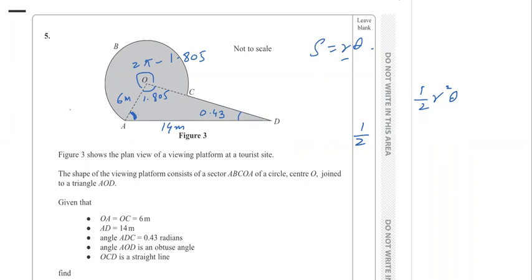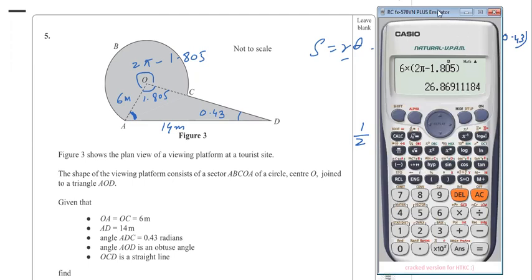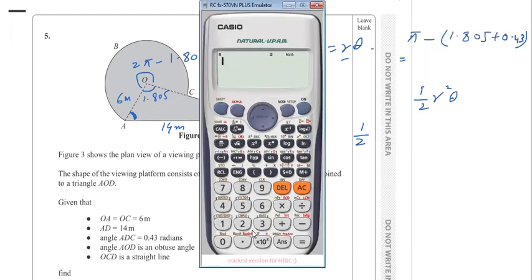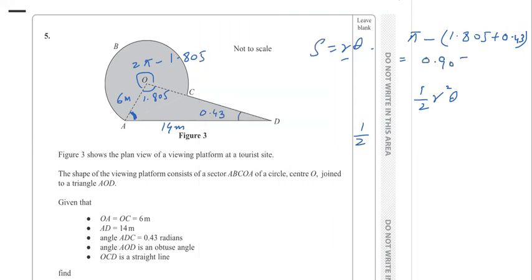So this angle will be pi minus 1.805 plus 0.43. Calculating pi minus 1.805 plus 0.43 gives 0.907. So this angle is 0.907 radians.